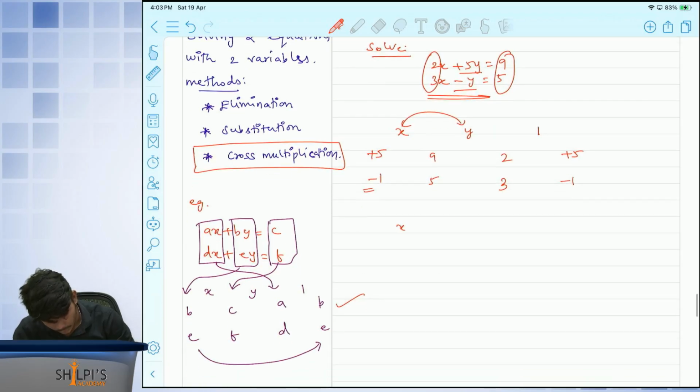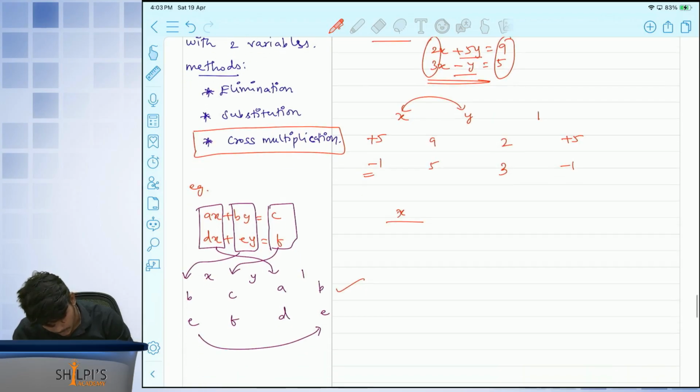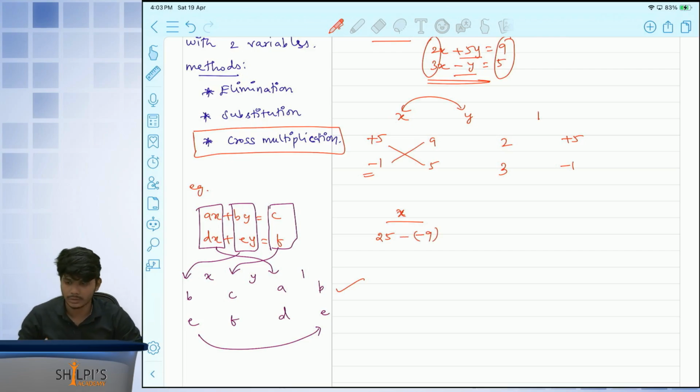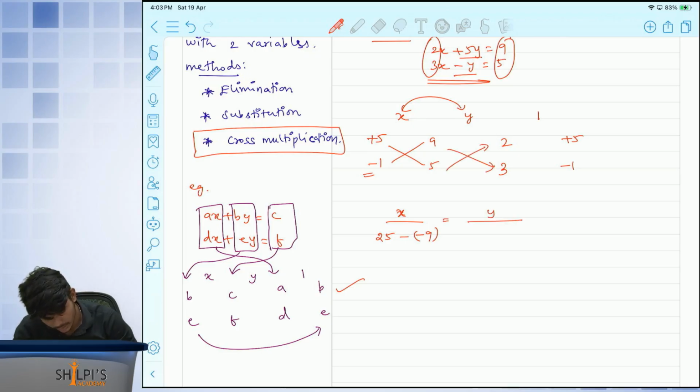So I am going to simplify. Simply cross multiply these things. 5 into 5 is 25, 9 into minus 1 is minus 9. By default there will be a minus in between those two values. Similarly for y, cross multiply these two things: 9 into 3 is 27, 2 into 5 is 10. By default we have to put minus, right?